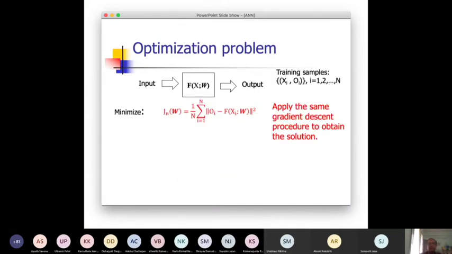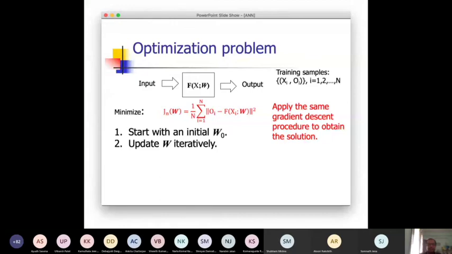So this is the simple way of understanding the computations carried out over an artificial neural network, and also the problem definition for training an artificial neural network, or optimizing the parameters so that it matches the input-output specification. So the method of gradient descent is similar.